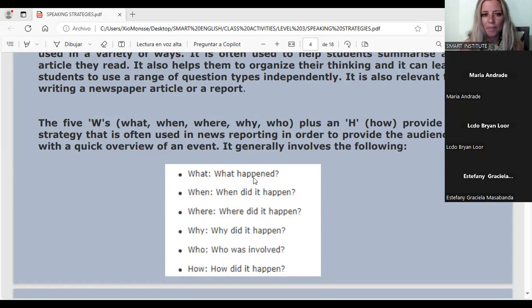So, what happened? When did it happen? Where? It's very important that it's not only for high school. You can start introducing the WH questions from second grade or third grade.